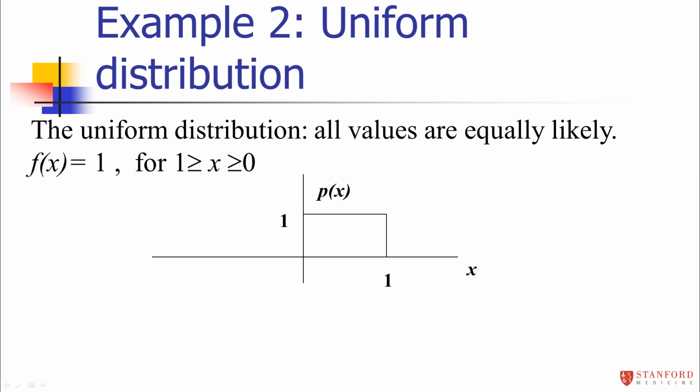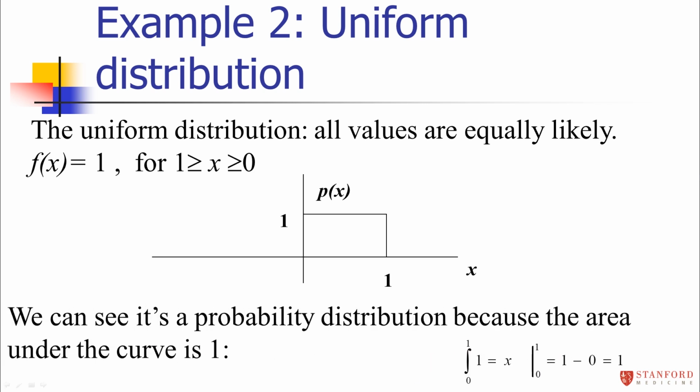That function literally just makes a little box, a little square, and the area under the curve, the area in that box, has to be 1, right? The width is 1, the length is 1, so 1 times 1 is 1. You can also prove that the area under the curve is 1 by doing an integral, should you choose. Of course, we don't really need that because everybody knows that the area of that box is just 1.